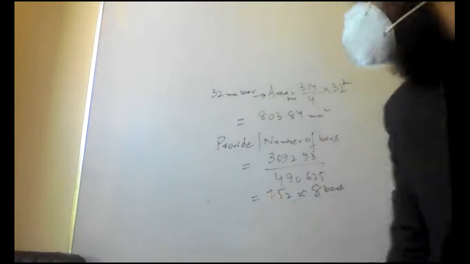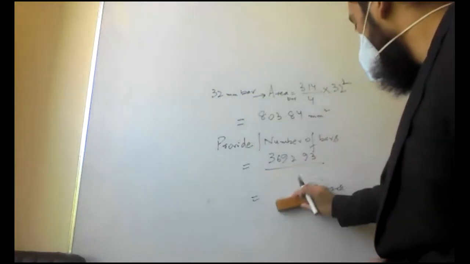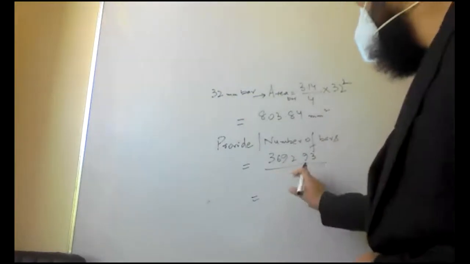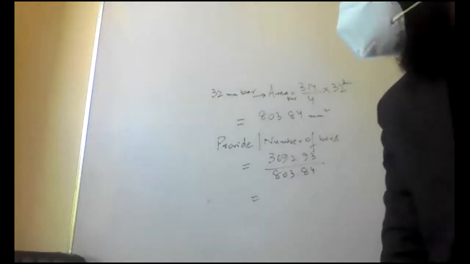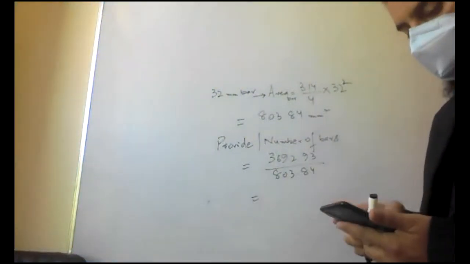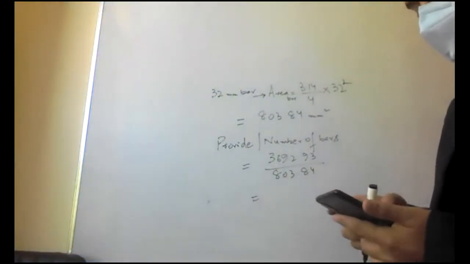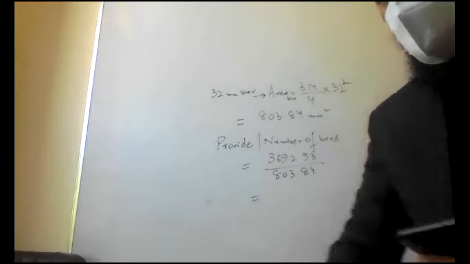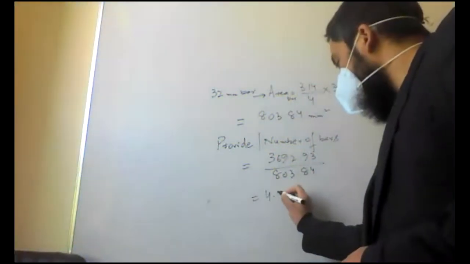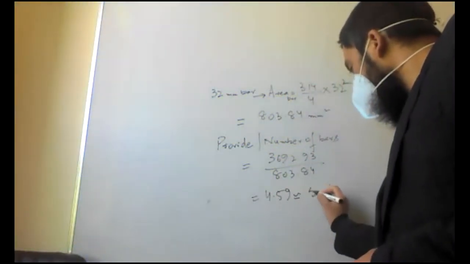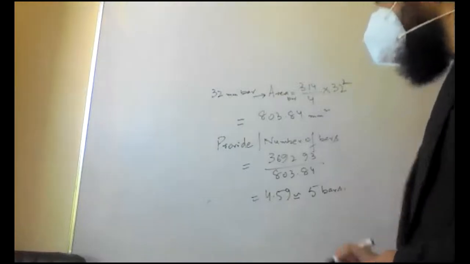So then you would need to provide 3692.93 divided by 803.84. So that would be 4.59. So that's around 5 bars that we need to provide.